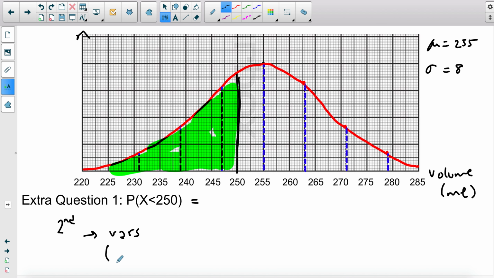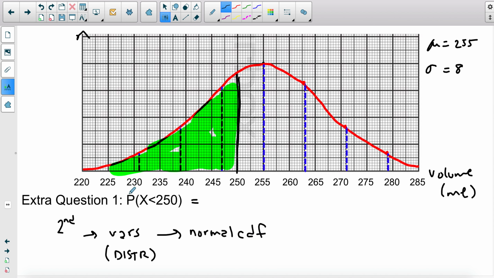You're going to distribution, and distribution will give you a list. You need to go to the second value, which is the normal CDF. Do not pick PDF, as it's going to give you the exact value at 250, which is not useful.